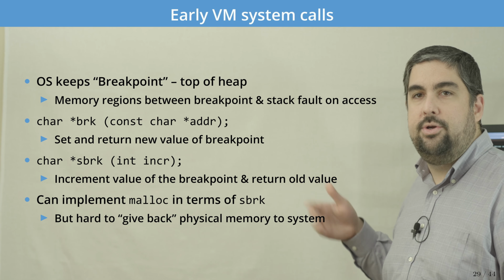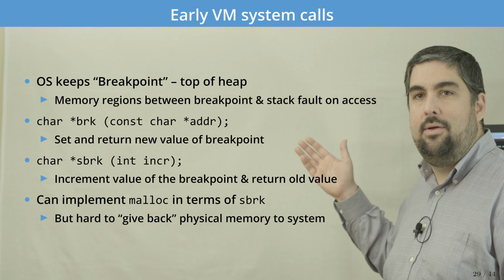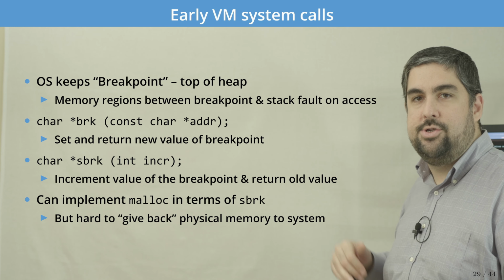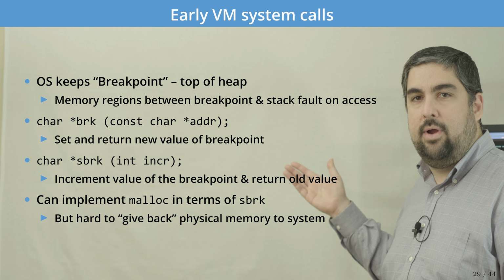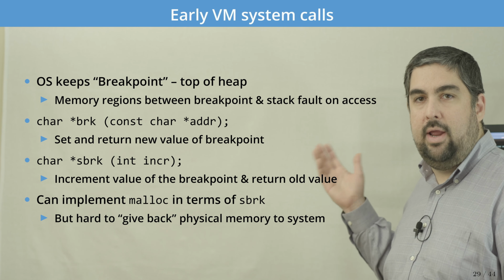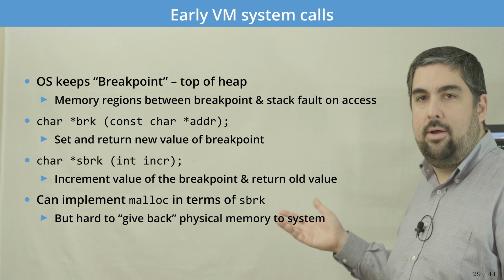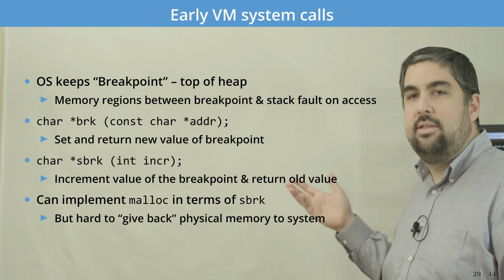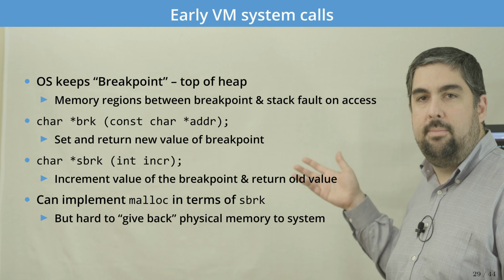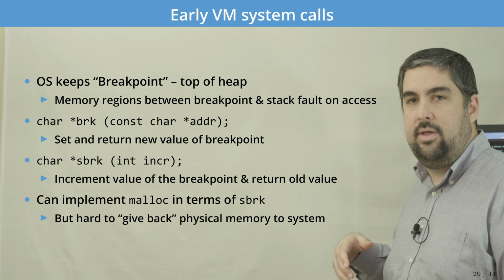And there were two ways you could update the breakpoint. There's the break system call that allows you to say that all of memory up until this address should be allocated to the application, and sbreak that allows you to increment the size of the breakpoint address. You can use these to implement malloc, and it's a little bit harder in this case to implement free without somehow waiting for all the relevant memory above to be released before we can give it back to the OS.